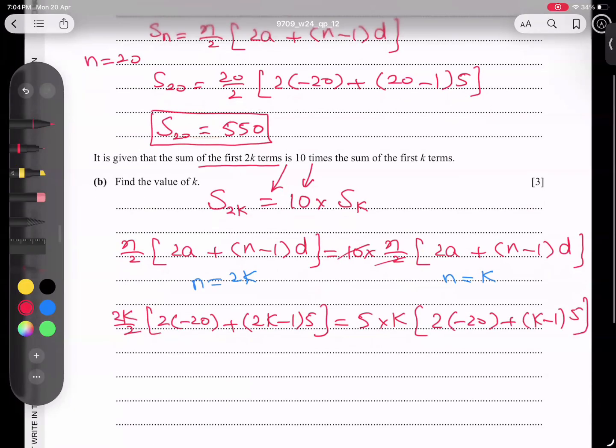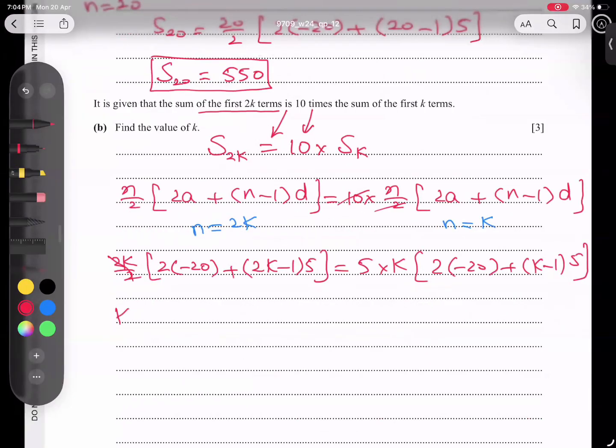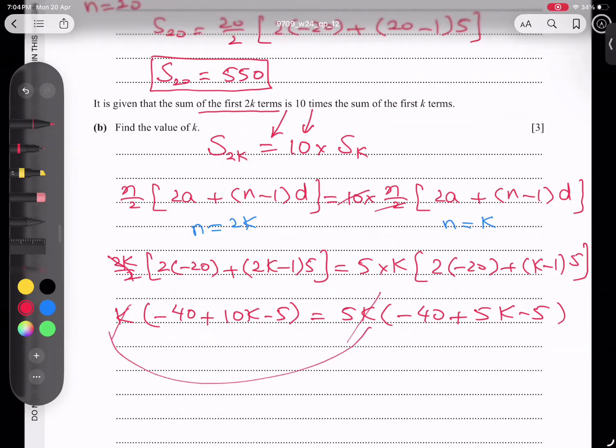It's only algebra. The 2 cancels here, k is left. In the bracket, negative 40 plus 5 twos are 10k minus 5. Here 5k inside negative 40, and here 5k minus 5. Let me check again. Yes, this k cancels out. You can divide and cancel k, no problem.